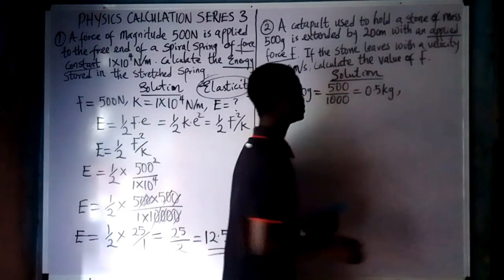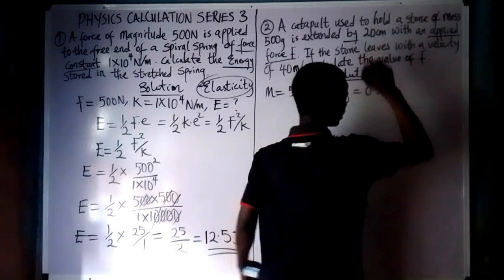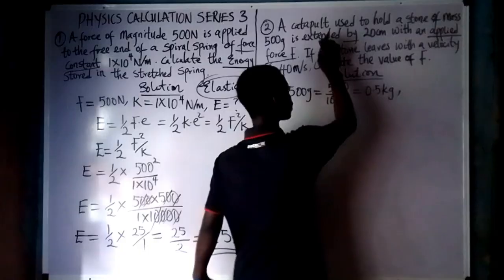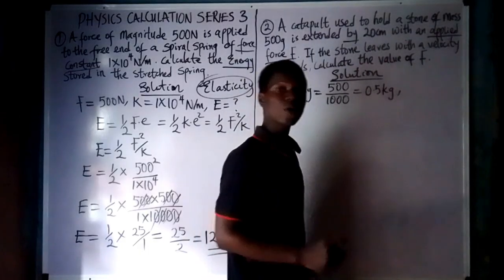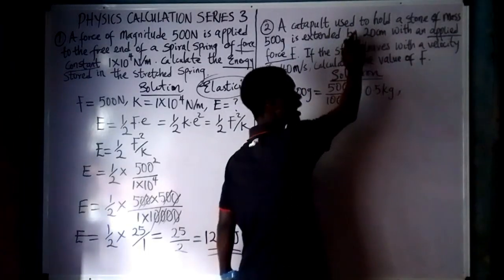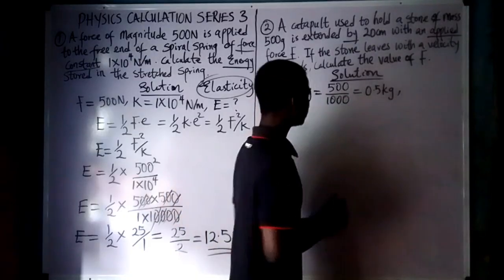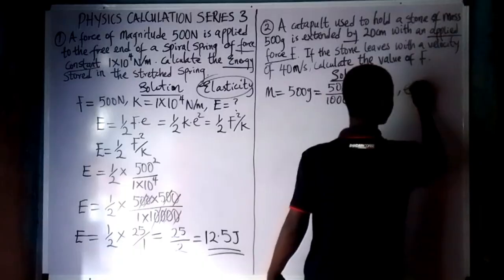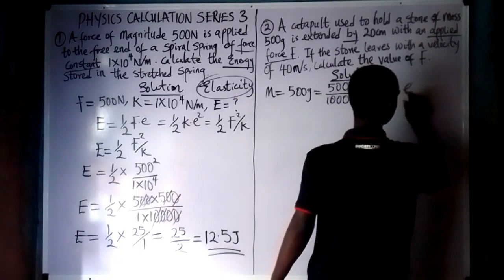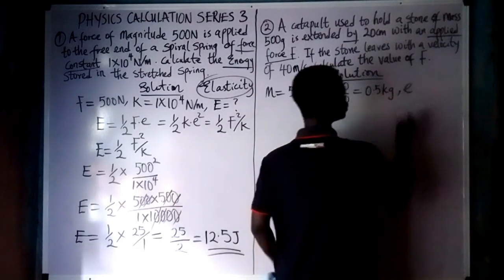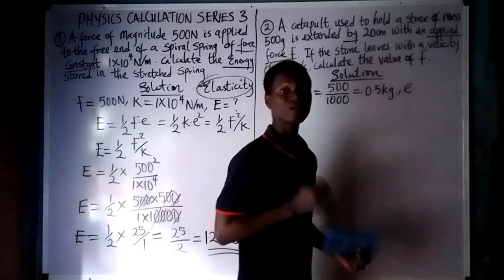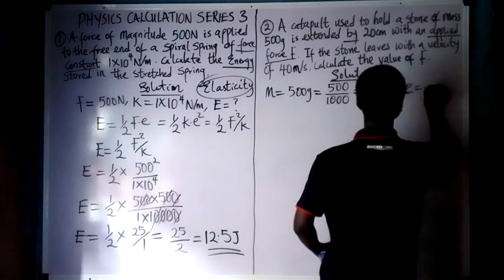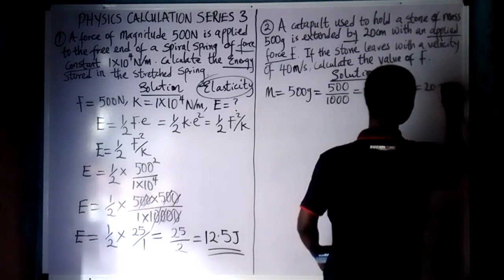Whenever you see the word extended by, emphasis on the by, or let's say they say compressed by, or they say stretched by, the value that follows after will be for what is called extension. There is a physical quantity under this topic called extension. So any value that follows will be the value for the extension. Okay, so in this case our extension is what they said is 20 cm.